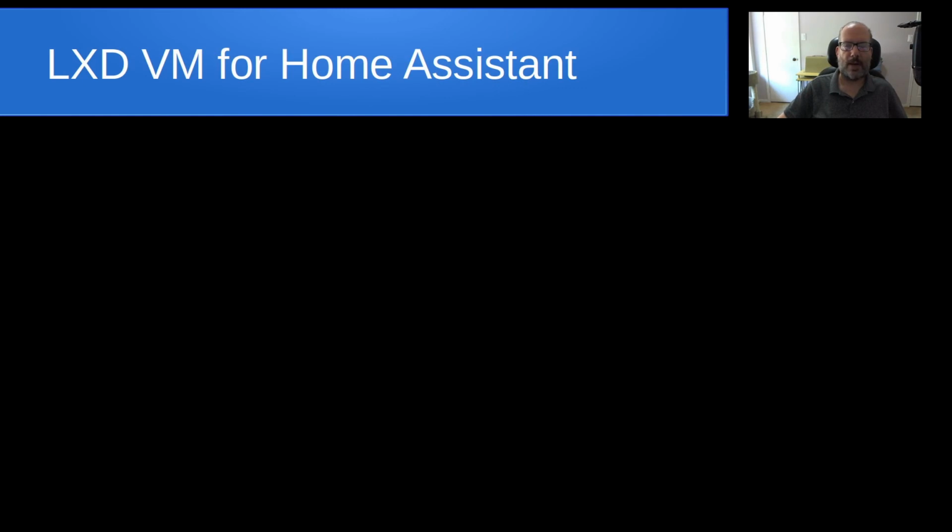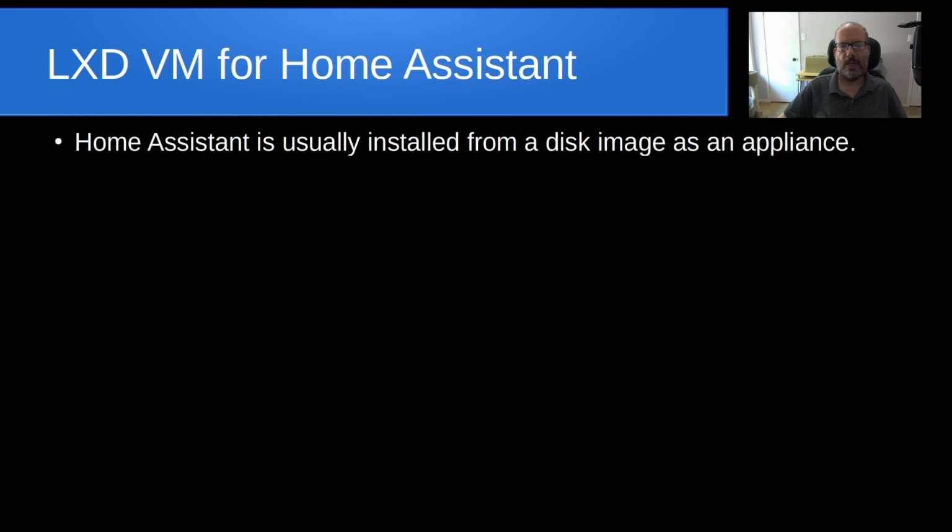So today we're going to talk about a LXD virtual machine for Home Assistant. I've covered LXD virtual machines before, and Home Assistant is usually installed from a disk image such as an appliance. One of the most common installations you'll see for Home Assistant is flashing an image over to a Raspberry Pi, and then you have a pre-installed instance of Home Assistant, and it's fairly easy.